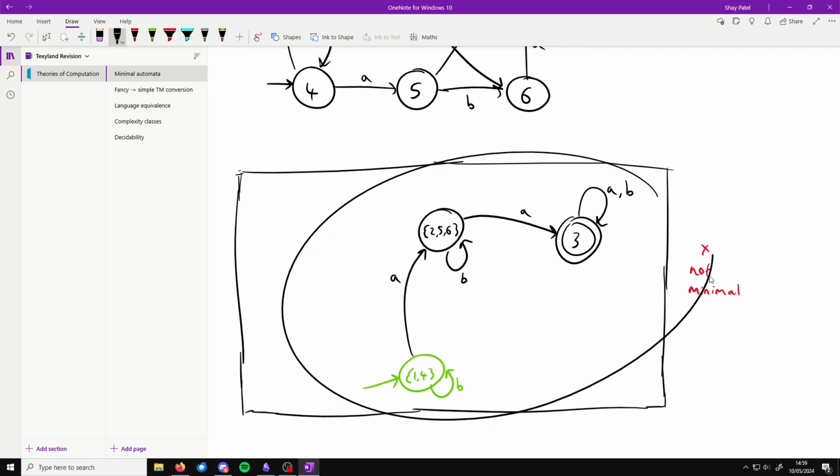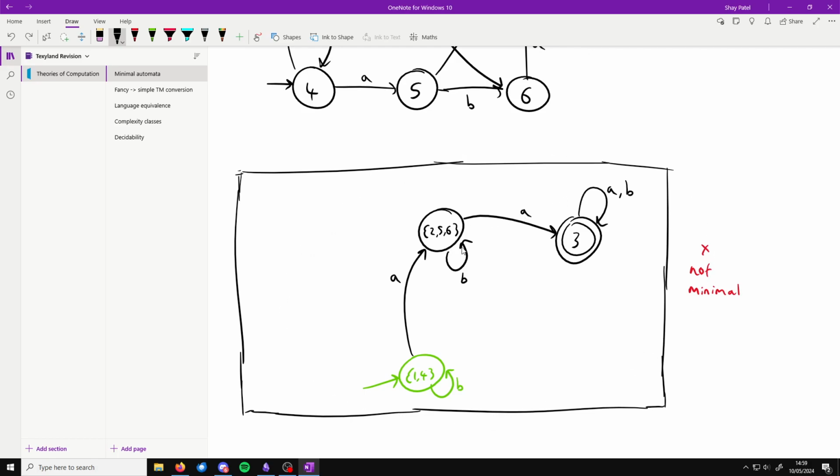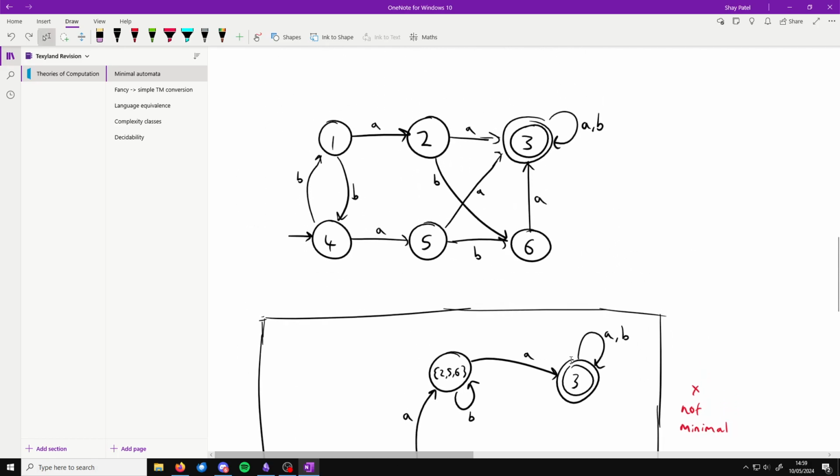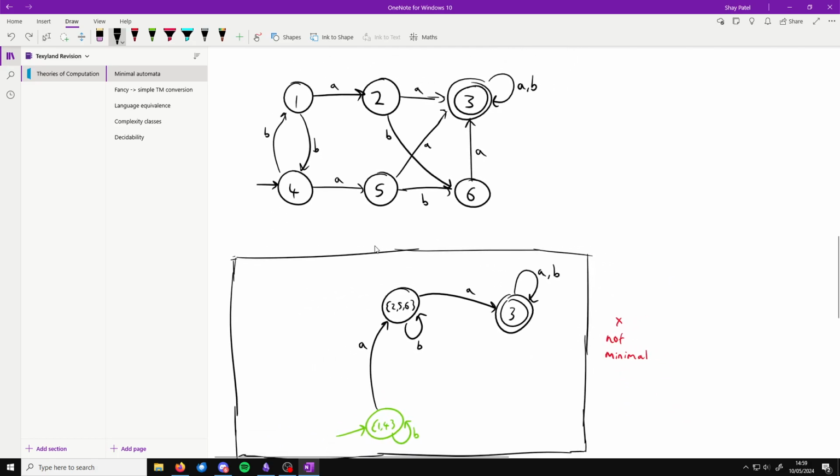Does this seem correct to you guys? So can we think of any words which one of these accepts, which the other doesn't? For example, this one will accept BAA, this one accepts BAA, this one will accept ABA, this accepts ABA.